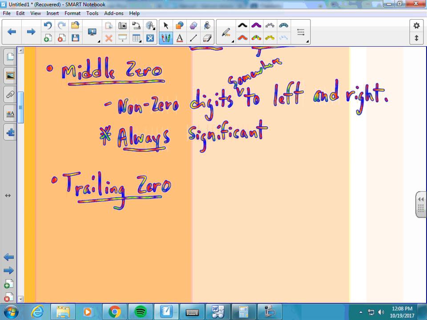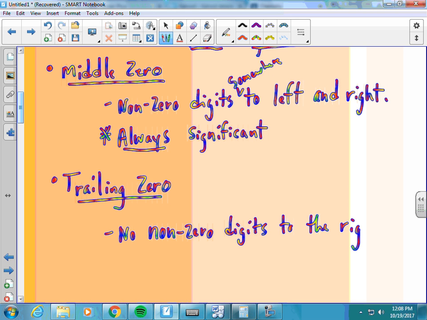So a trailing 0 means that there are no non-zero digits to the right of them. Okay, so they're at the end. They're trailing. There's no non-zero digits after them.